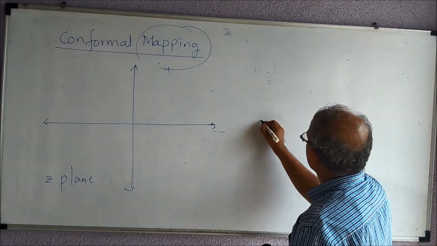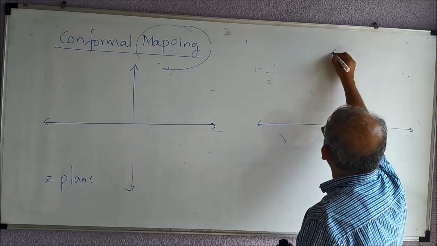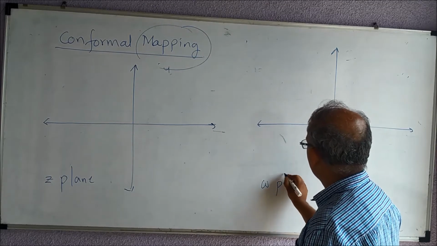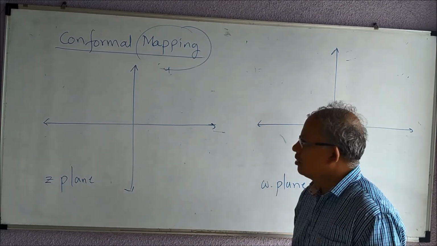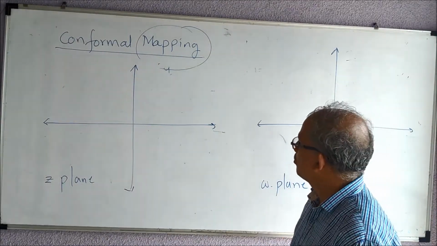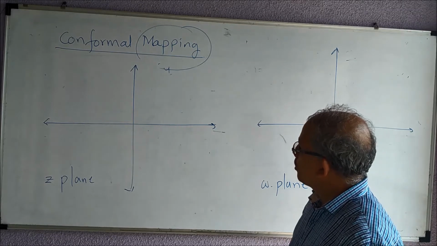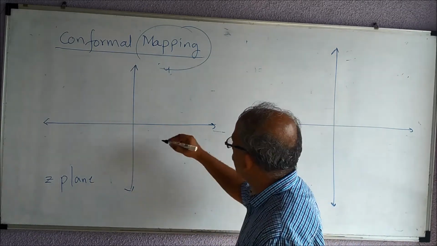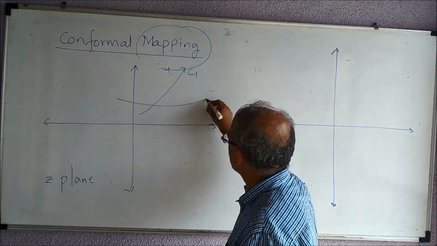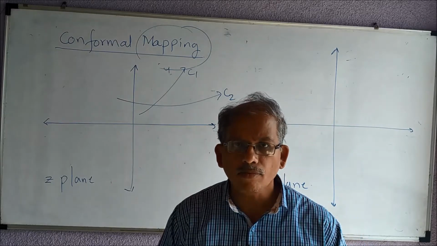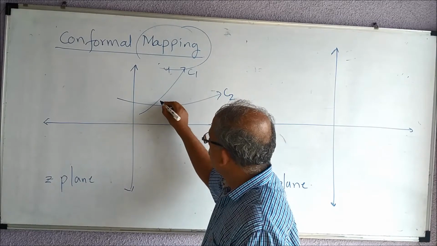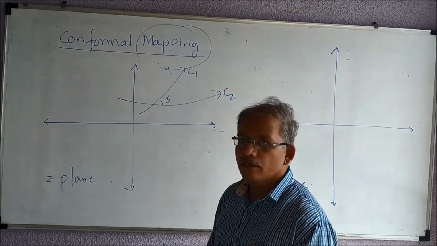Okay, so this is my w plane. So the z plane is the input complex number, the w plane is the output complex number. Okay, fine. So suppose let me take here two curves. So this is a curve, say C1, and this is another curve, say C2, and these two curves are intersecting in the z plane. Okay, then they are intersecting with some angle theta, right?